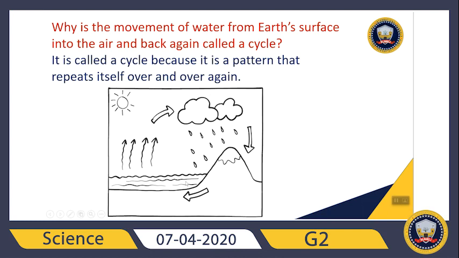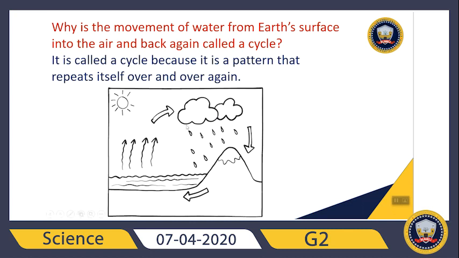So first, the water will evaporate and it will form clouds. Then the clouds are like tiny drops of water. The tiny drops will come together and get bigger and bigger, so they will fall like rain.